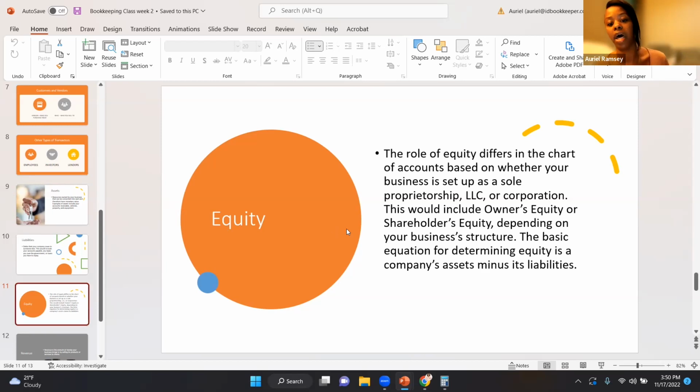If I'm a multi-member LLC and it's me and my three best friends and we all put money in, the equity is going to look different based on how much money we all decided to put in. If we're a corporation and we're accepting money from investors, we may have equity that's all over the place. So your equity really does depend on your structure, but it really just represents how much an individual owns within your company.